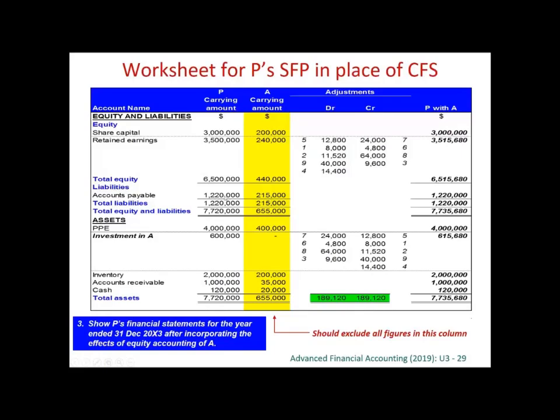We add only the parent. Actually, we add only the figures of the parent and the subsidiaries together because we consolidate only parent and subsidiary. We never consolidate an associate. Never consolidate an associate means we never add the figures of an associate in our consolidated financial statement.